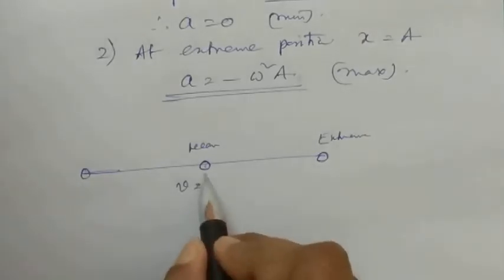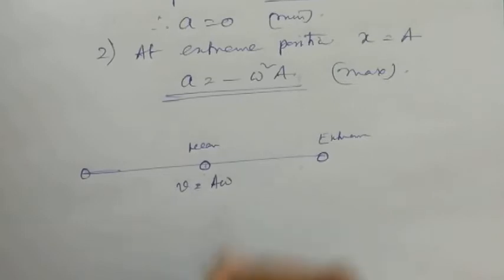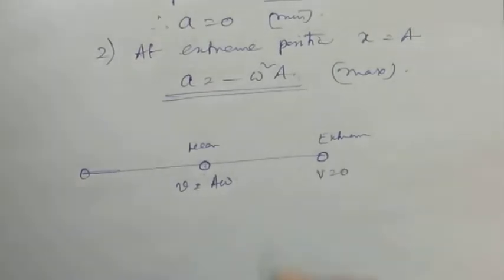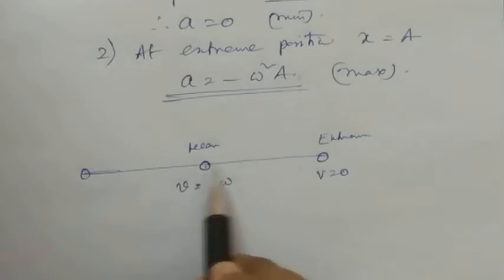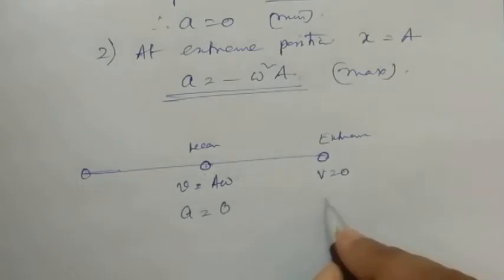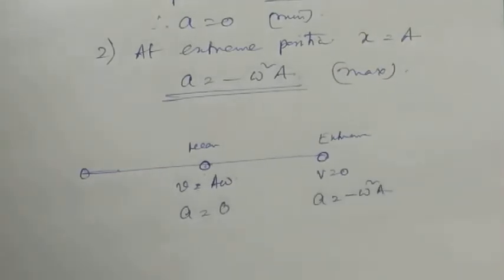Velocity in this position is the maximum. That means a omega. Velocity here at the extreme position is 0 because the particle here stops and it comes back. Now the value of a at the mean position is 0 and the value of a at the extreme position is minus omega square a.